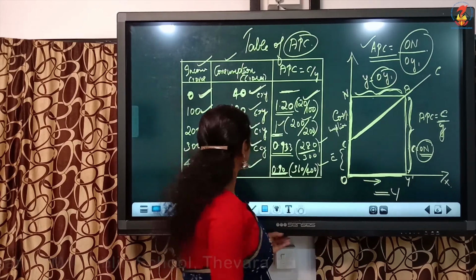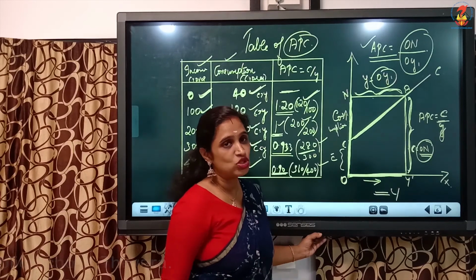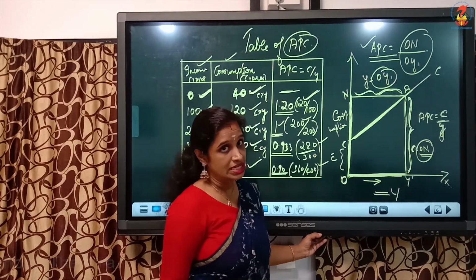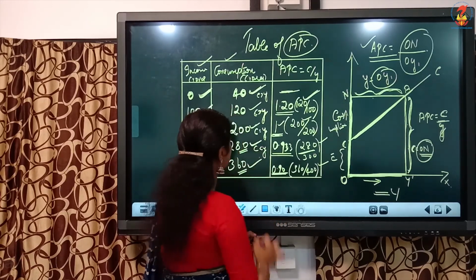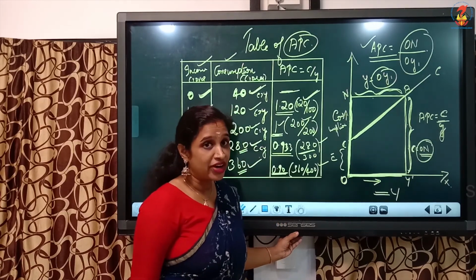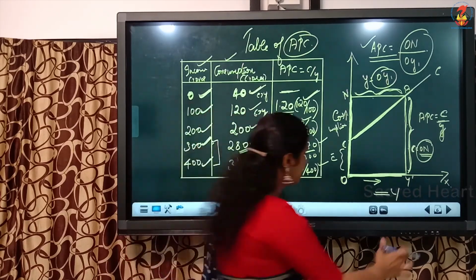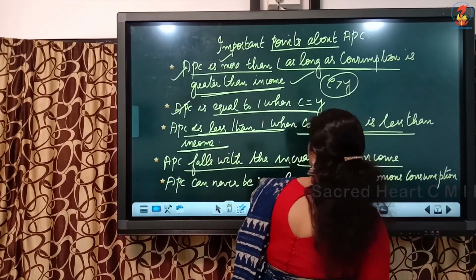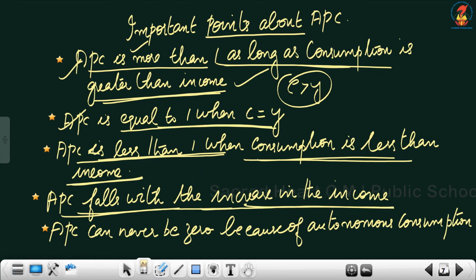Why is it so? Because the consumption pattern has changed here from 280 to 360. There the consumption is 280, here the consumption is 360. You can find the difference between the consumption pattern and the level of income. Therefore, we can prove that statement, that is, APC falls with the increase in the income.